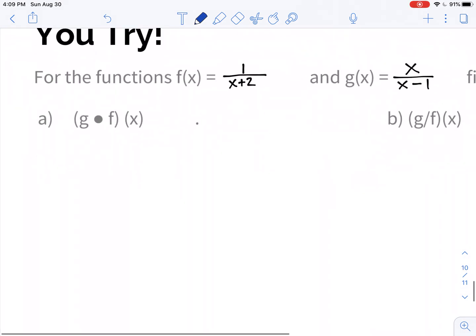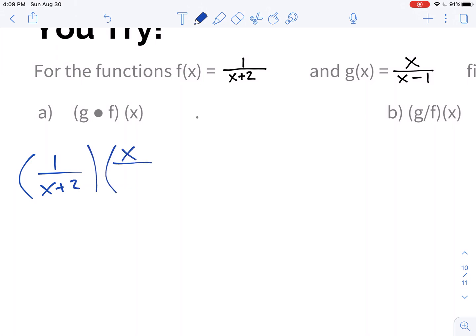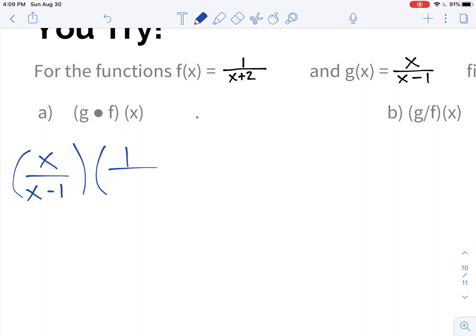Finally, I've got g times f of x. This one's really straightforward, of saying 1 over x plus 2 times x over x minus 1. And I guess I did that backwards based off how they're ordered, so let me rewrite that in the correct order. So x over x minus 1 times 1 over x plus 2.